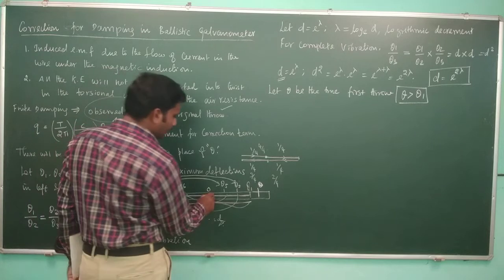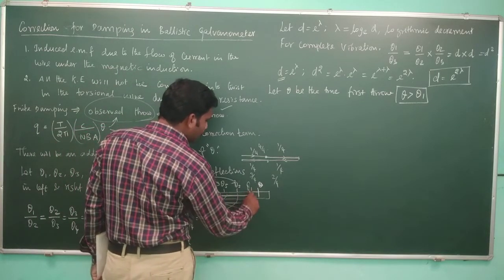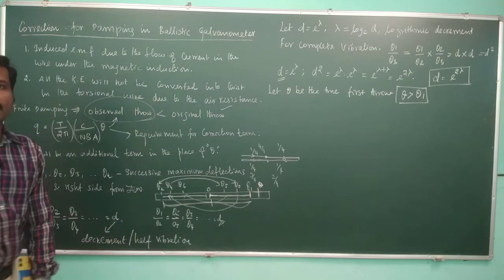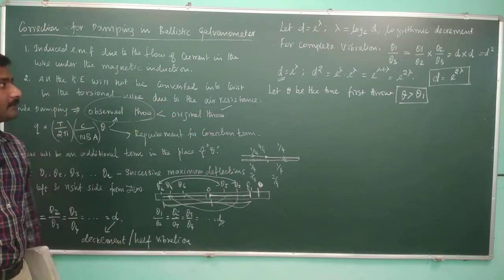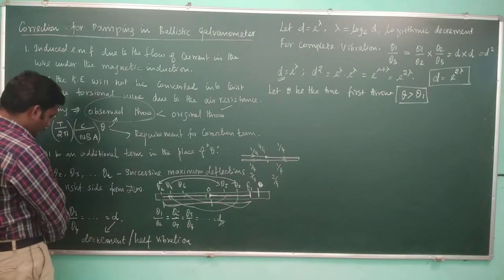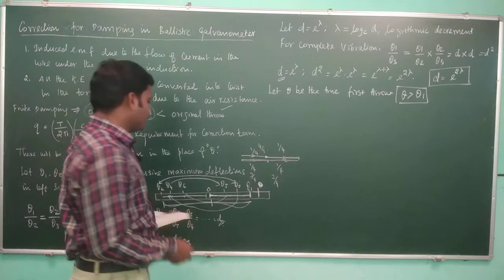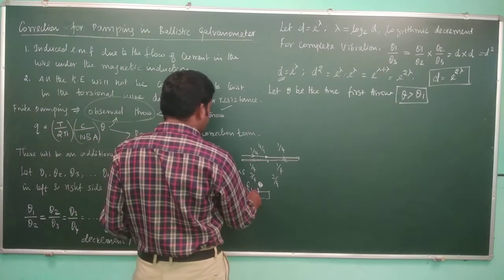Here from 0 to theta 1 is the length for the quarter vibration, right? We have obtained the decrement for half vibration, that is D equal to e power lambda. But here it is quarter vibration.